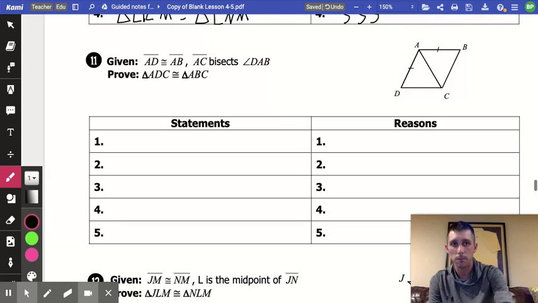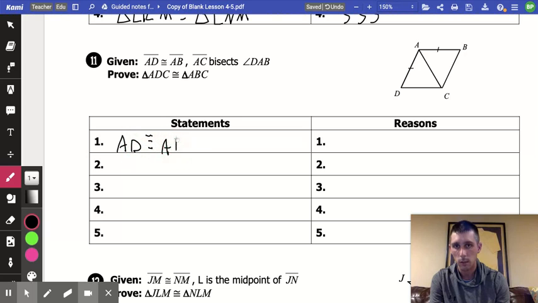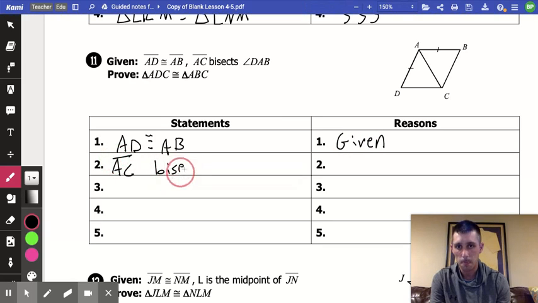Number 11. AD is congruent to AB. Oh, they already marked it for us. That's nice. So AD congruent AB, given. And what does this say? AC bisects angle DAB.